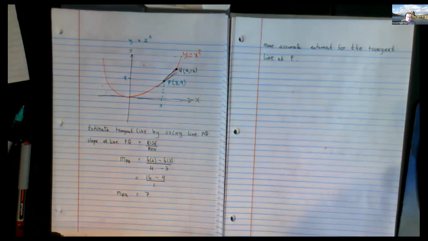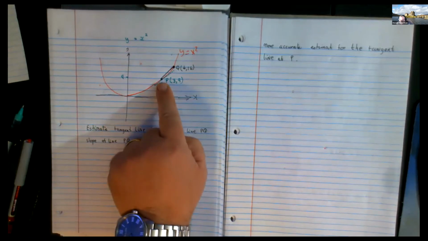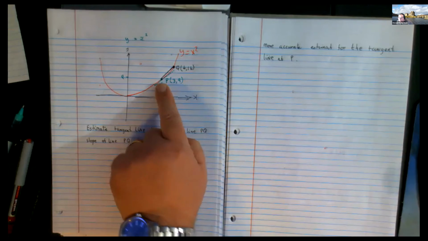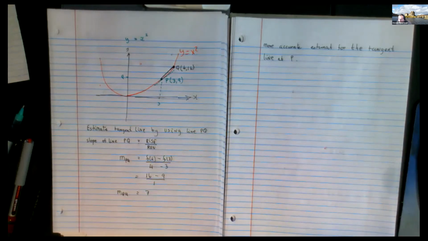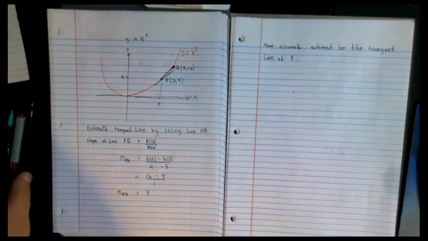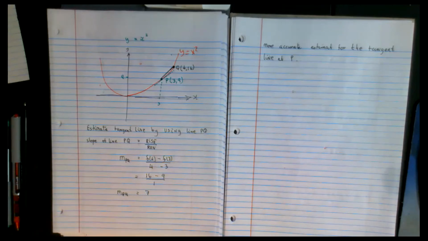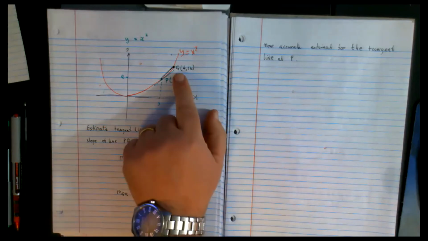I'd like a more accurate estimate for the slope of the tangent line at this point P. What could I do to make that happen? Give you a clue.